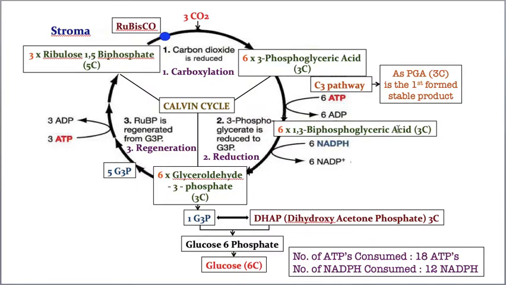Again I repeat, every 3-PGA by utilizing 1 ATP converts into one 1,3-bisphosphoglyceric acid molecule. Like that, 6 3-PGAs participate in the reaction, and by utilizing 6 ATPs they form 6 1,3-bisphosphoglyceric acid molecules. Now these 6 1,3-bisphosphoglyceric acid molecules, by utilizing 6 NADPHs, convert into 6 glyceraldehyde 3-phosphates.